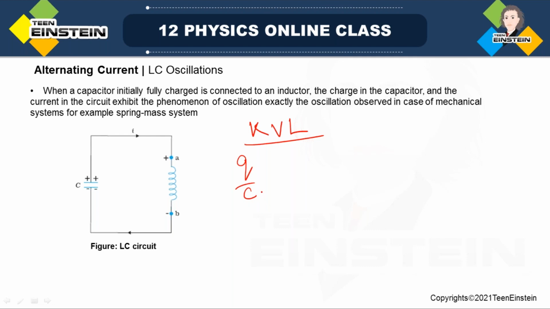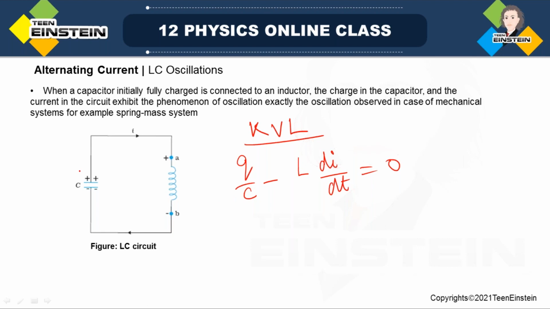Here is Q by C is equal to minus L di dt. So if I bring both on the left hand side, this is the equation I can get if I apply Kirchhoff's voltage law or rule.